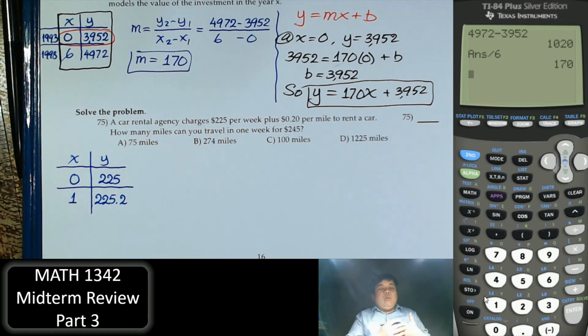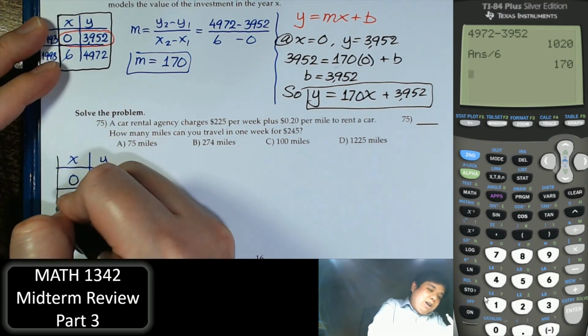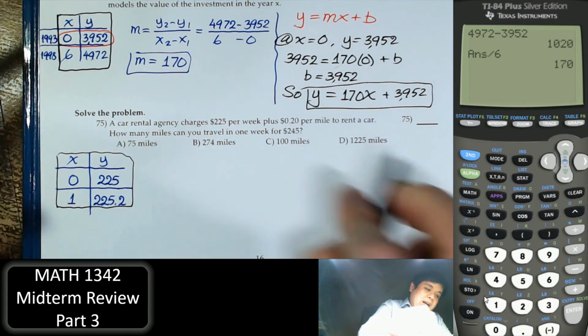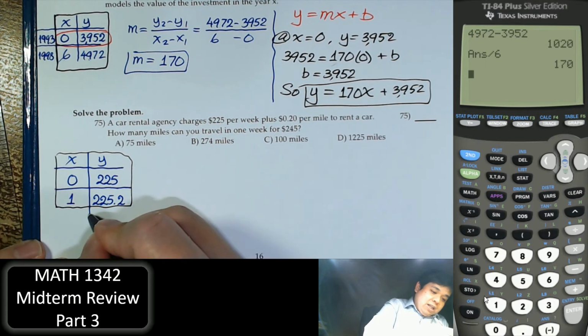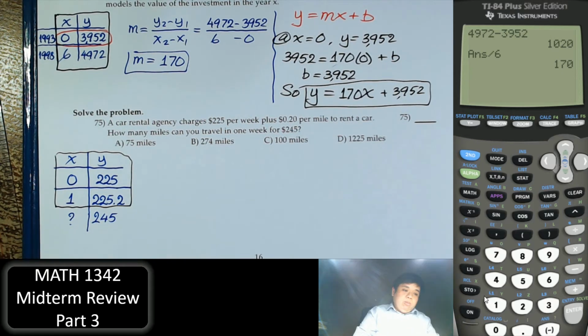As I said, when we have the set of 2 points, we can find the equation. By the way, later on in the question, if we have $245, how many miles can we travel? Right?